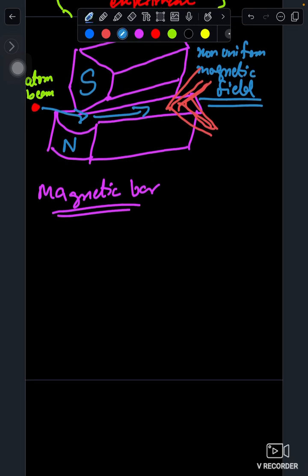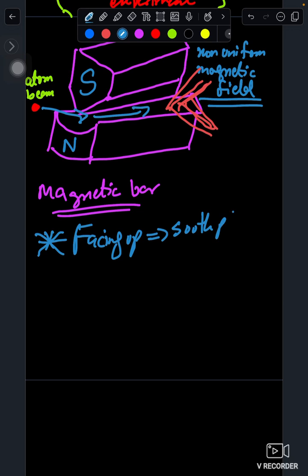First, we'll have a magnet facing up, with the south pole up.